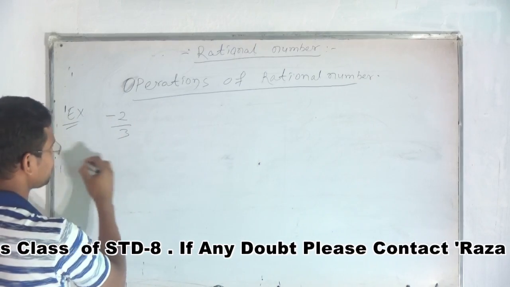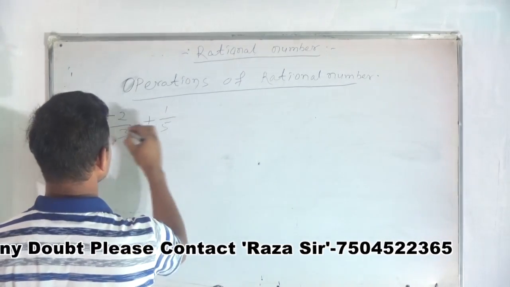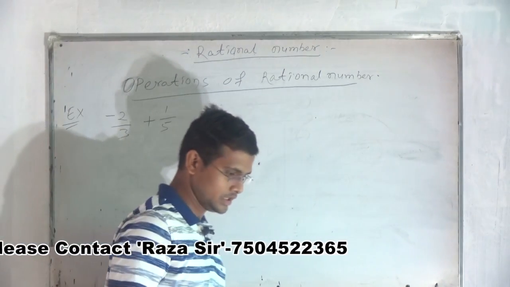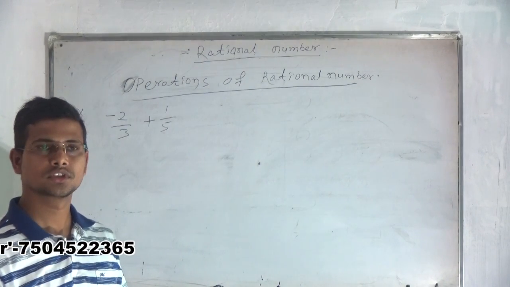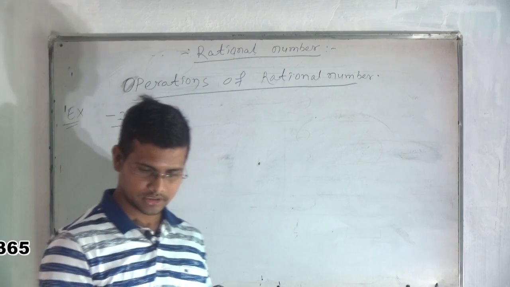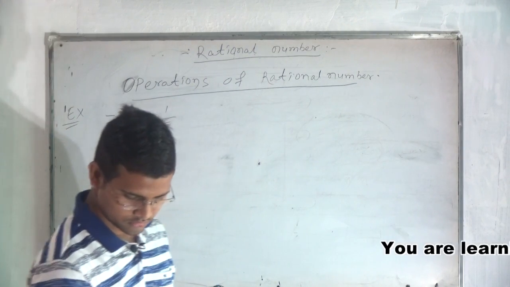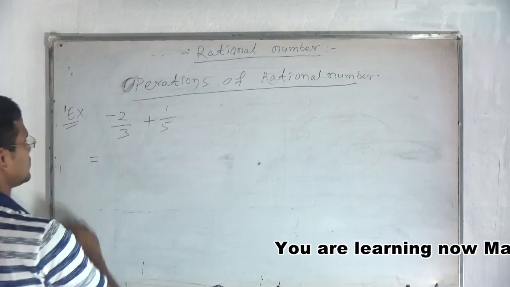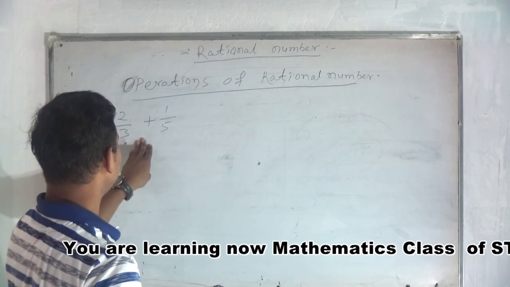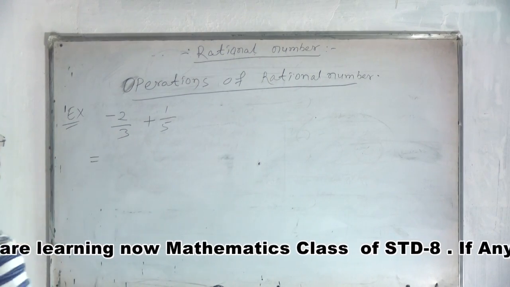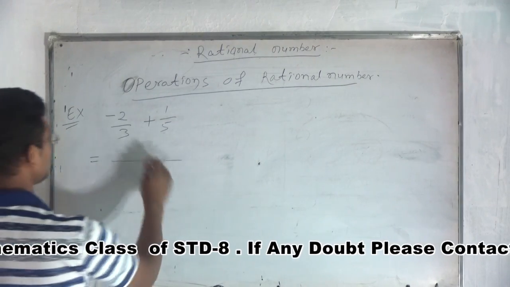Minus 2 by 3 plus 1 by 5. You know already how to operate fractions and how to operate integers. Now, how to add rational numbers? Similarly, we take them in the form of like fractions, or you directly take the LCM of the denominators.